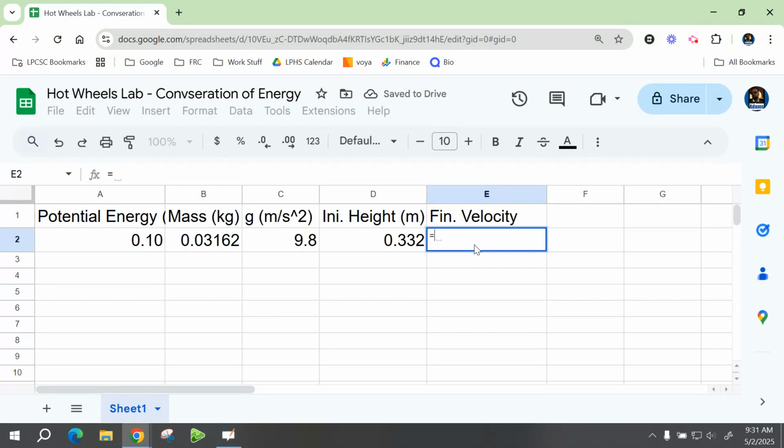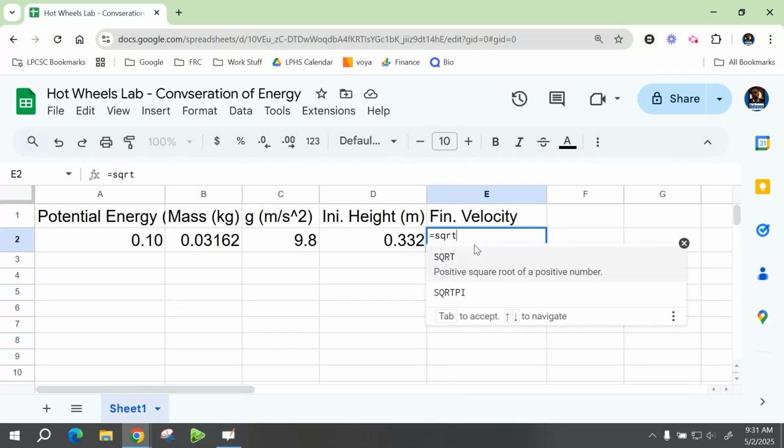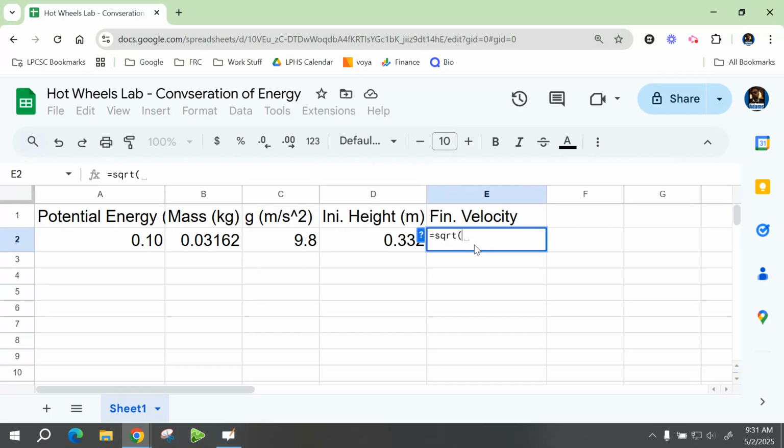So you're going to hit equals. Then to do the square root, you say SQRT, start parentheses. We're going to say 2, shift 8 for the multiplication symbol. We're going to multiply that by G, so I select G. Then I hit shift 8 again to get the multiplication symbol.